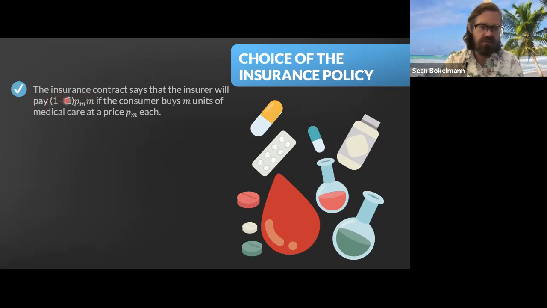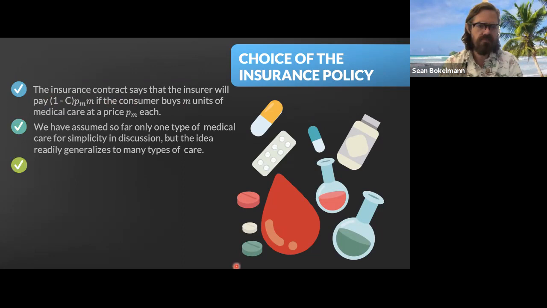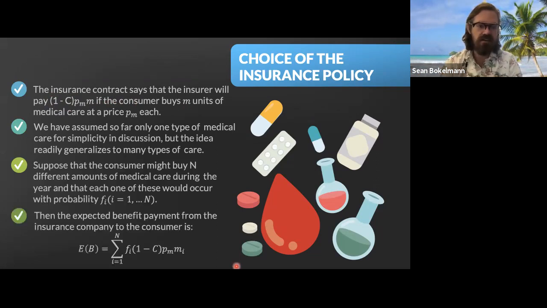And the insurance company pays 1 minus C as the fraction of that. Now, another thing that we've been assuming for simplicity's sake is that there's only one type of medical care. But of course, there are many types of medical care. So we can easily generalize that idea to what we're talking about here.